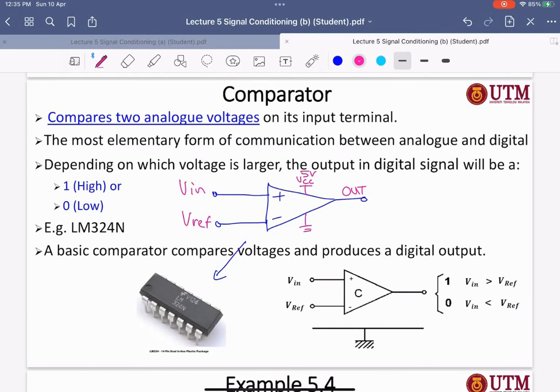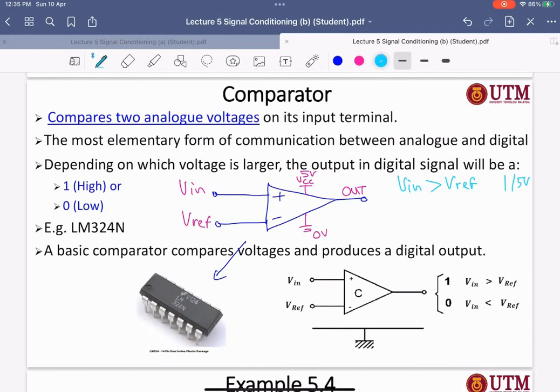Okay, output. So let's look at this. If your V in is more than your V reference, you will get the output 1. 1 here is 5 volt. So it will just select 5 volt or ground. Ground means 0 volt.